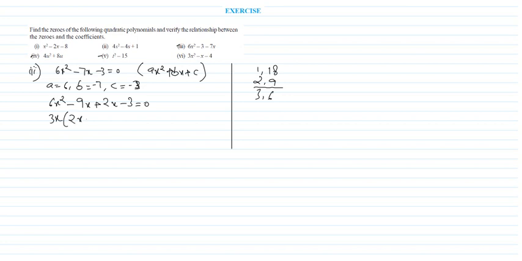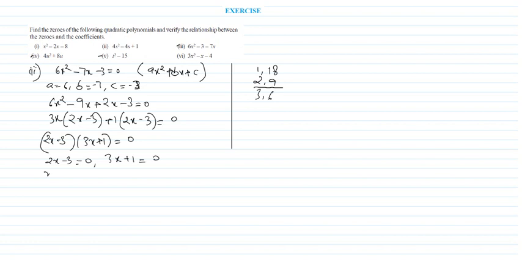And from the last two terms we'll take 1 common because nothing else is common. So this is 2x minus 3 and 3x plus 1. We compare both of these with 0, so we will get x is equal to 3 by 2 here, and x is equal to minus 1 by 3 here.